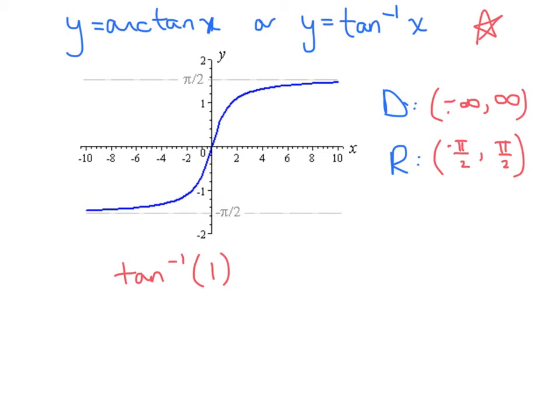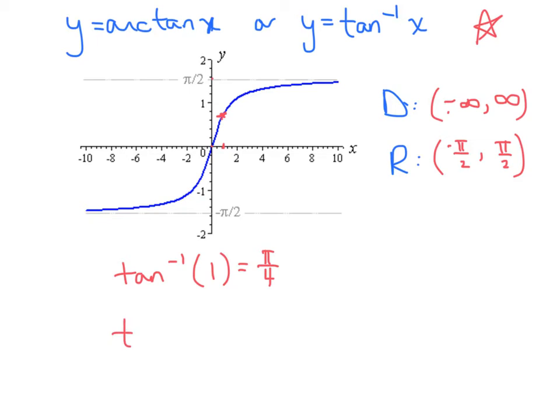If you use our graph to help us with this, if we look at where 1 is here, when x is 1, you can see that that happens right about here, which is about halfway between 0 and pi over 2. And in fact, you may be remembering that the inverse tan of 1 is an angle of pi over 4.